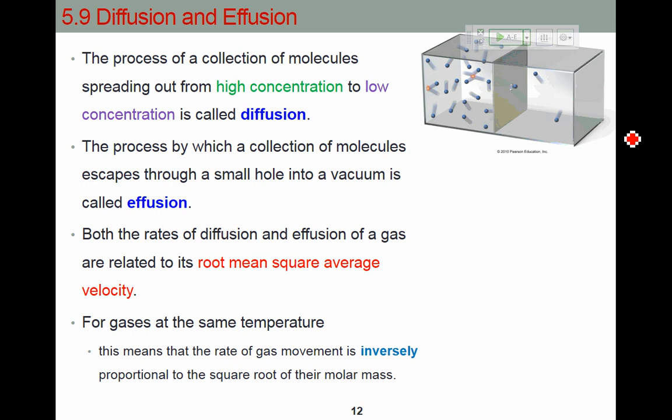So that's what we're seeing there. And again, remember, temperature means the gases will move more. So this is dependent on having the same temperature if we're describing the diffusion rate of two different gases.